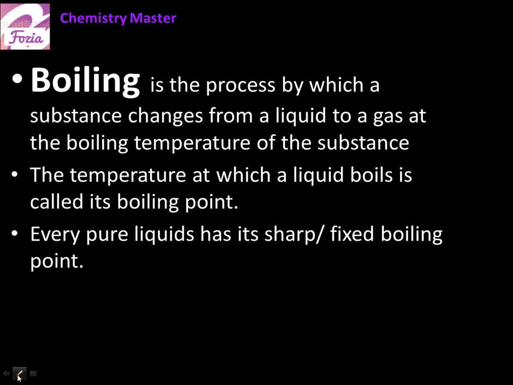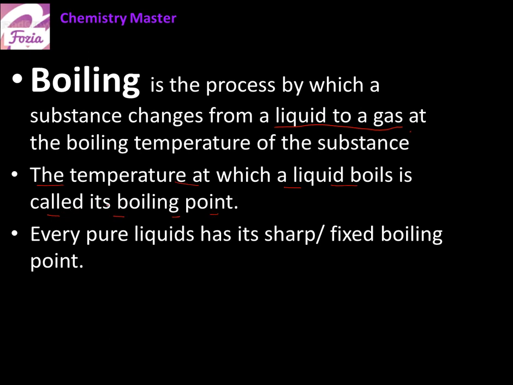So boiling is the process by which a substance changes from a liquid to a gas. A very important thing is that this is the phase change from liquid to gas. The temperature at which a pure liquid boils is called its boiling point.